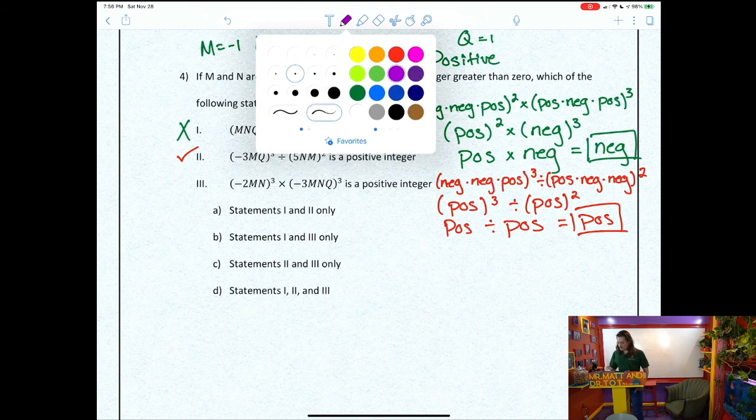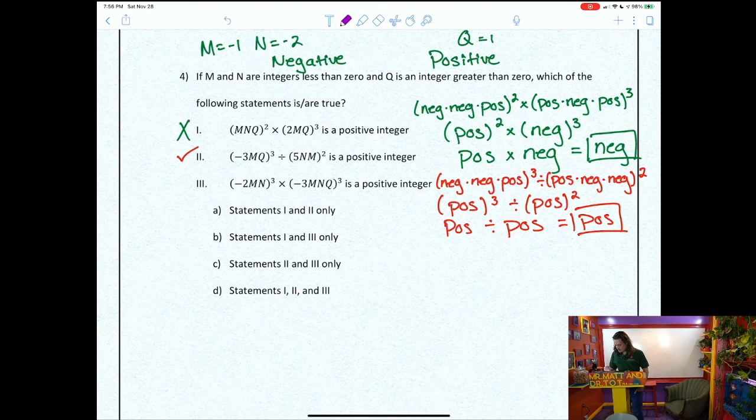Number 3, we're going to have a negative. We have negative 2, so that's a negative times m, which is negative, times n, which is negative, quantity cubed, times a negative 3, times m, which is negative, times n, which is negative, times q, which is positive, quantity cubed.